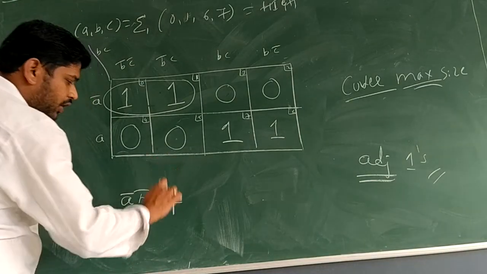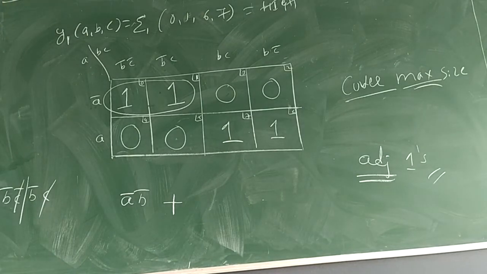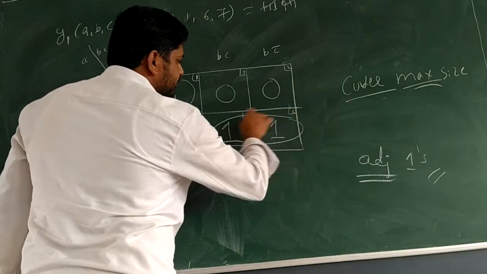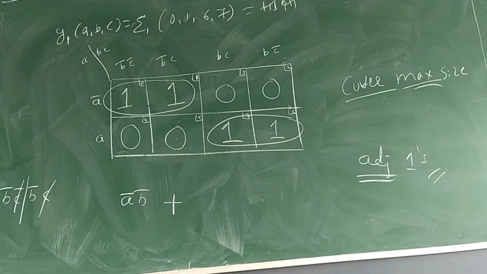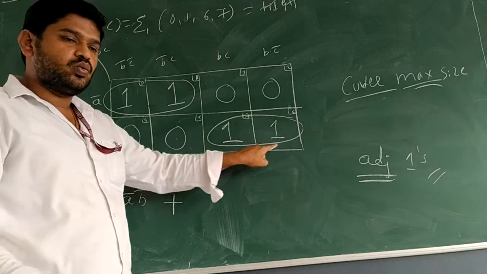Now don't forget to write plus because the question is on SOP, sum of products. So now you think about, are these two adjacent? Yes, these are adjacent. Hence, what is the consideration? 6 and 7. Now you see the 6 and 7 cover. This is cover 2.